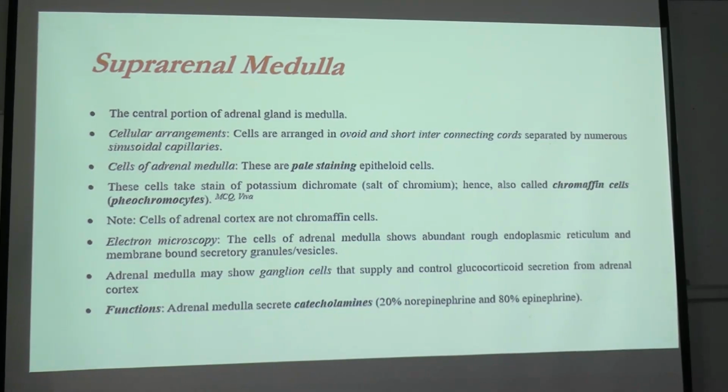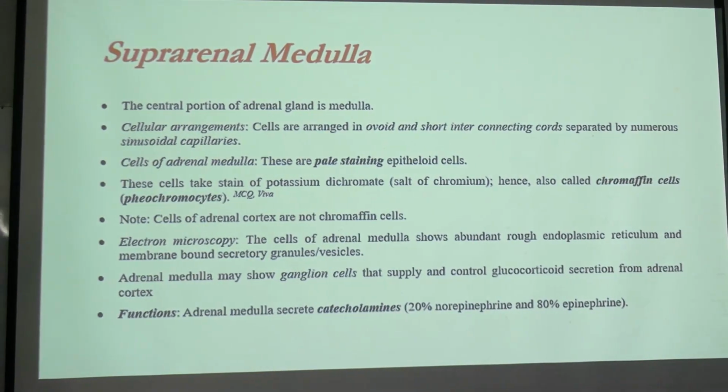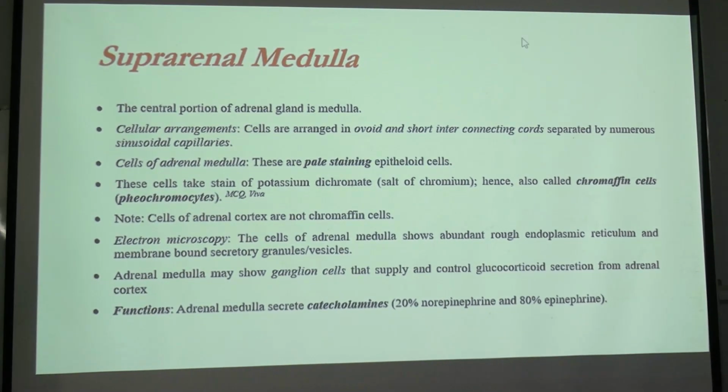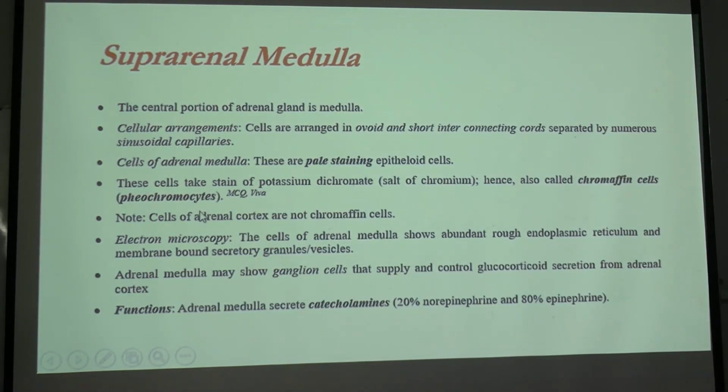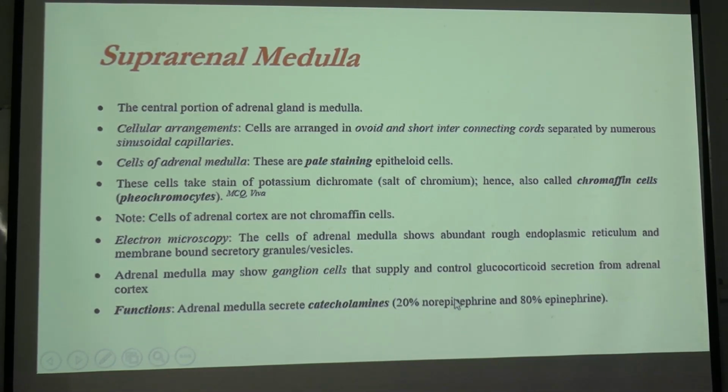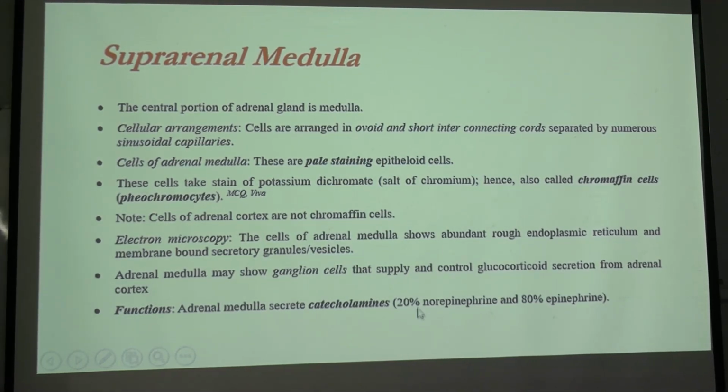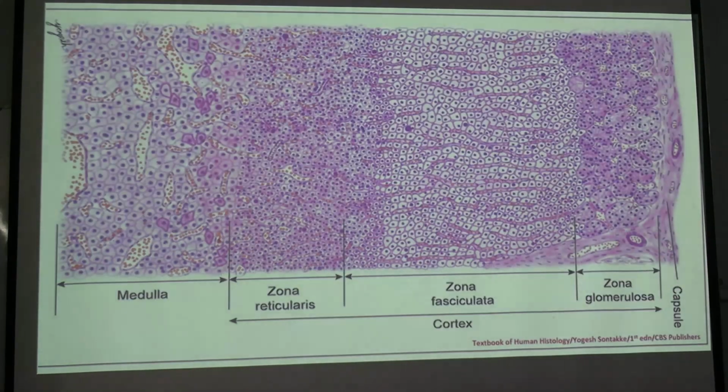When we talk about the embryological development of the brain and nervous system, we'll talk about neural crest cells, which come from very primitive cells. The pheochromocytes in the adrenal medulla secrete catecholamines, adrenaline and noradrenaline. That's it. We don't have to dig any more into these glands.